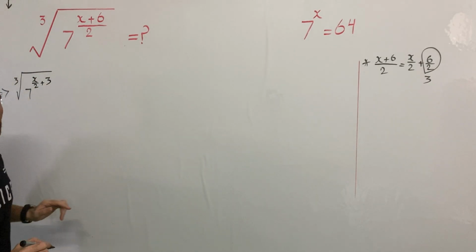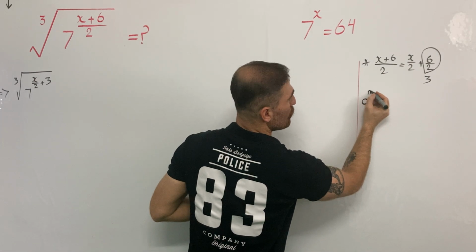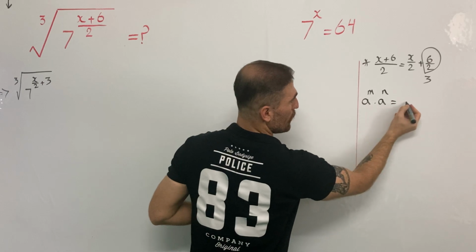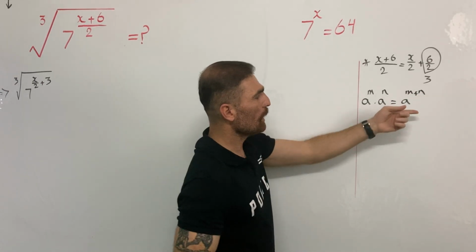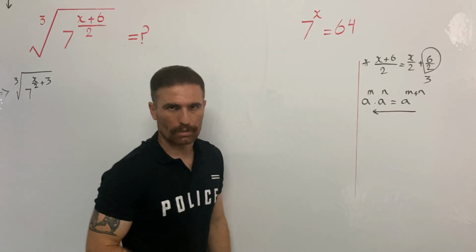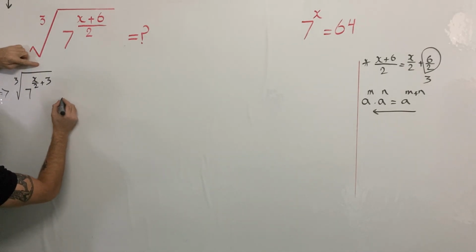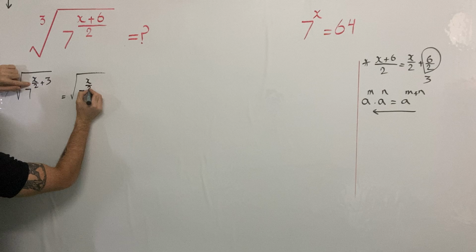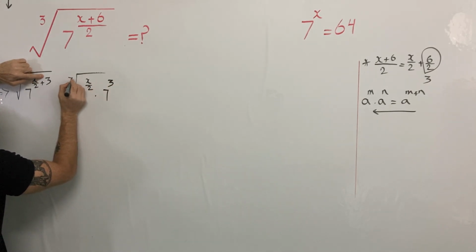Next, I'm going to use an exponential rule that says a raised to m times a raised to n can be written as the same base with the exponents added. So 7 raised to x over 2 plus 3 can be written as 7 raised to x over 2 times 7 raised to 3, all under the cube root.